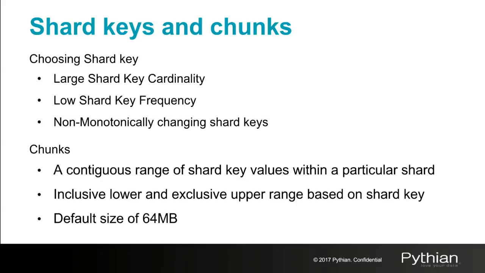The other property of a good shard key is that it should have low key frequency. What that means is, even if the shard key has high cardinality and many unique values, maybe there will be some key that has too many values in our collection. So with the example of a user ID in the users collection, most of the users will have hundreds of documents in the collection, but some users might have hundreds of thousands of documents in the collection.